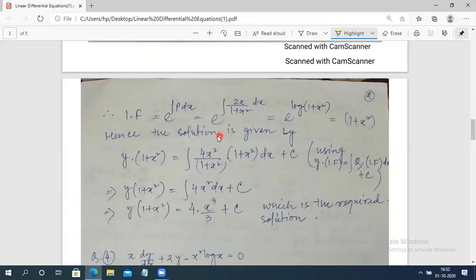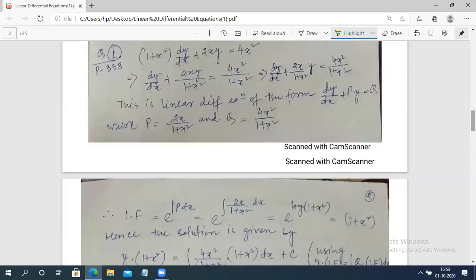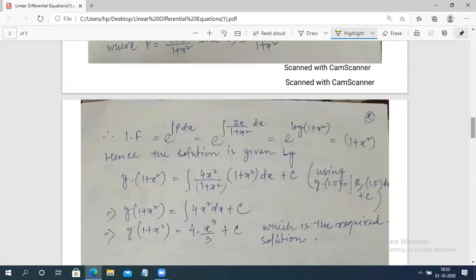So what is the solution? As I told you, there is a direct formula: y into the integrating factor. Here integrating factor is 1 plus x square. So y into 1 plus x square is equal to integration of q, which was 4x square by 1 plus x square, into the integrating factor, that is 1 plus x square, into dx plus c.